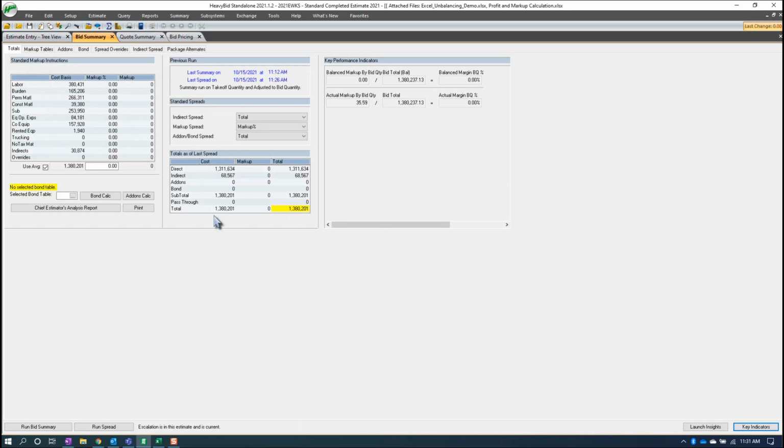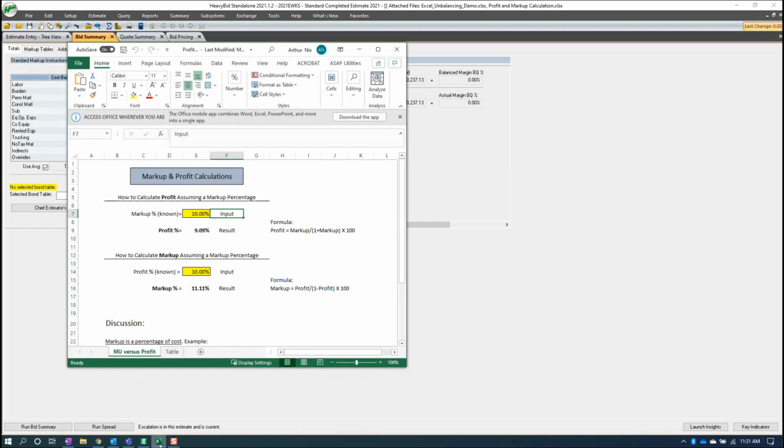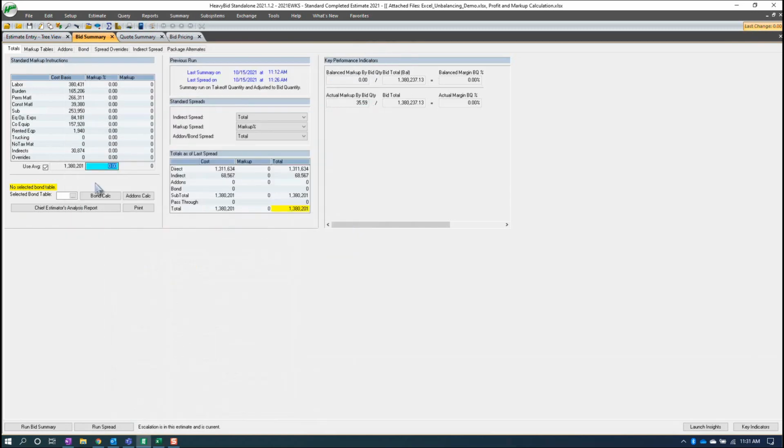Back to this. One option to do margin is just to use the markup right here. Going back to our spreadsheet that we talked about earlier, if I want 10% profit, I know I've got to mark everything up 11.11%. So I come in here and I enter 11.11, and then I come down here and run my spread.